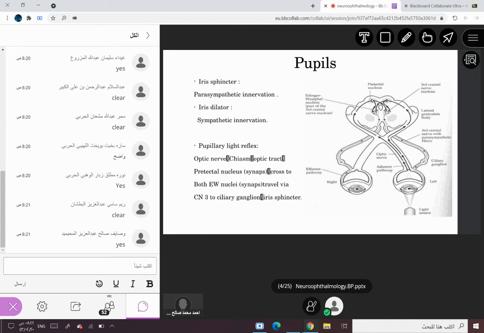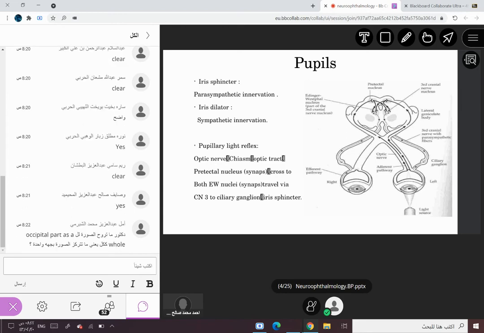The pupillary light reflex. So by the way, we have something called pupillary light reflex, we have something called corneal light reflex, and we have something called red reflex.